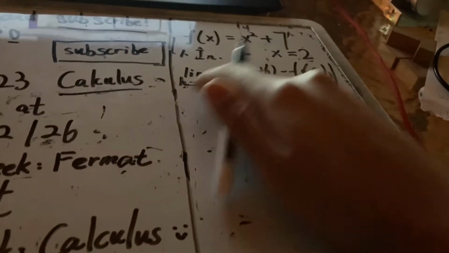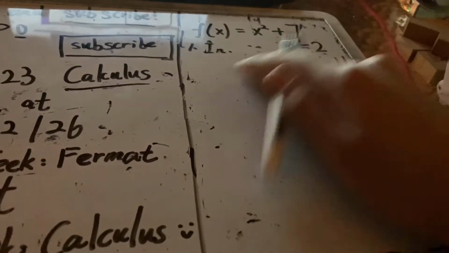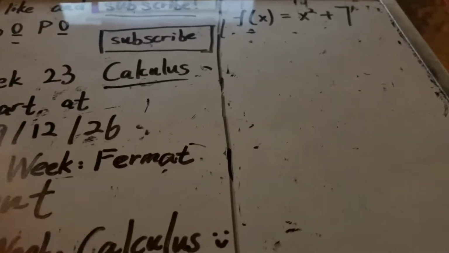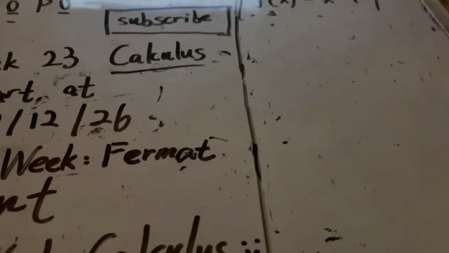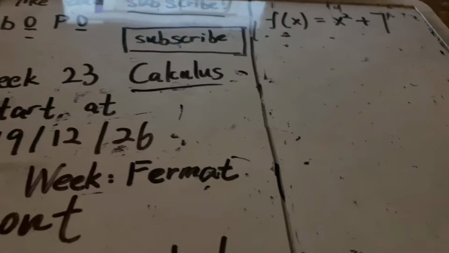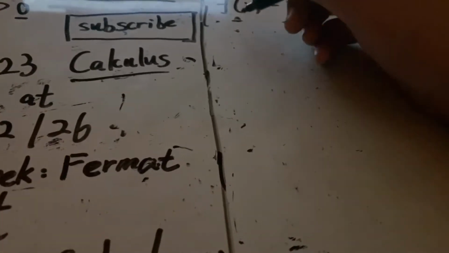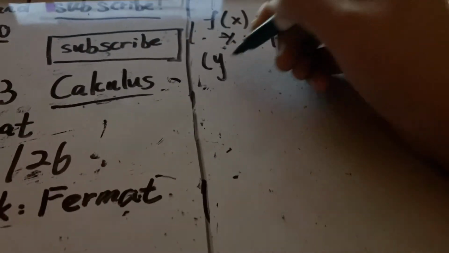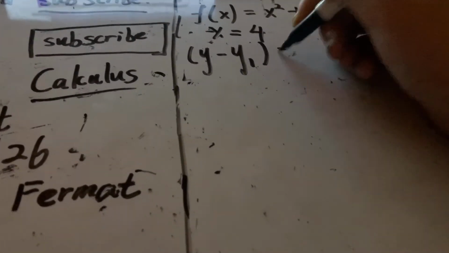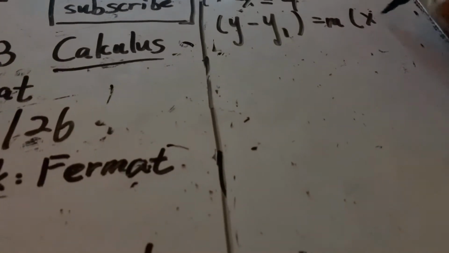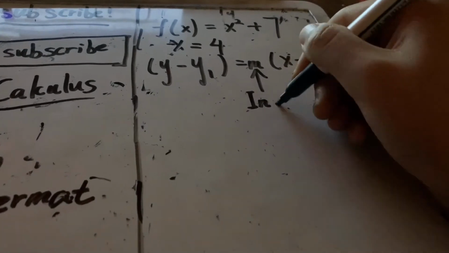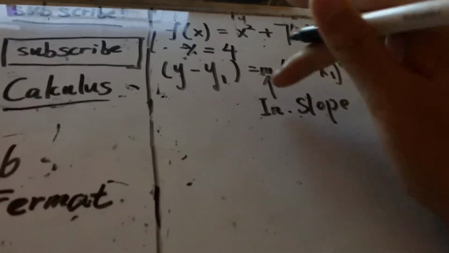So the instantaneous rate of change and the average rate of change are surprisingly the same in this case. Next, we are going to find the equation of the tangent line at x equals 4. If you meet this type of problem, you need to remember that m in this case is the instantaneous rate of change, the slope.